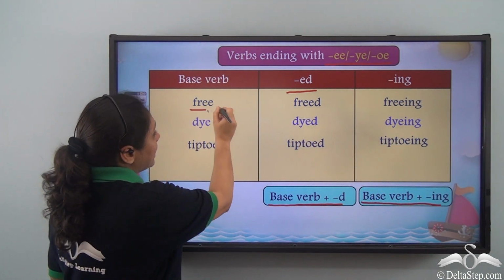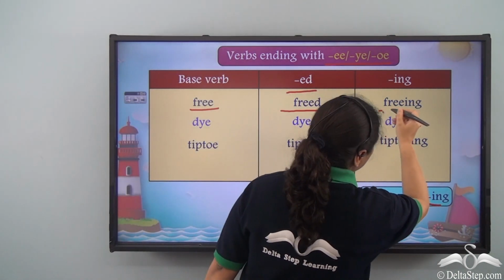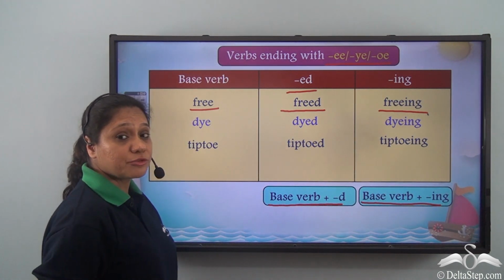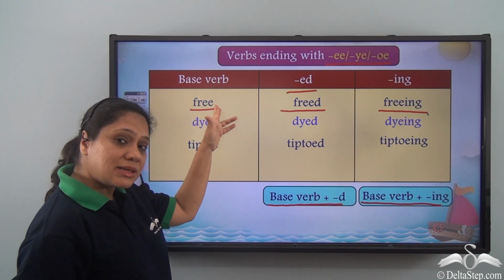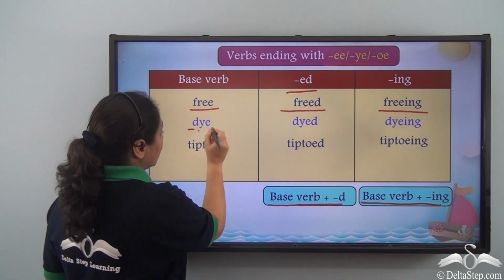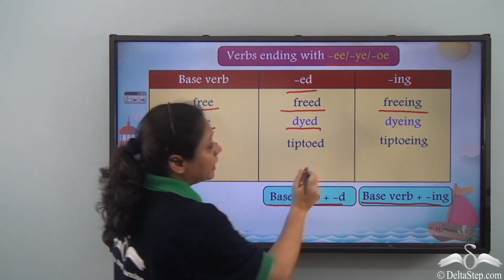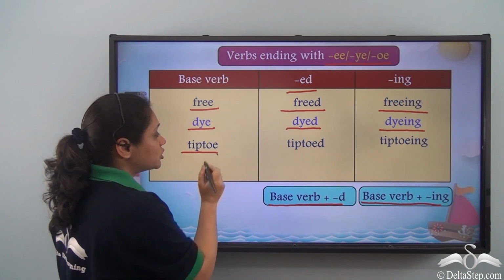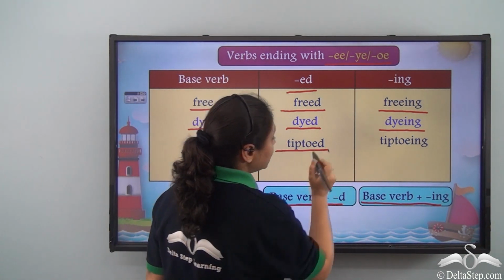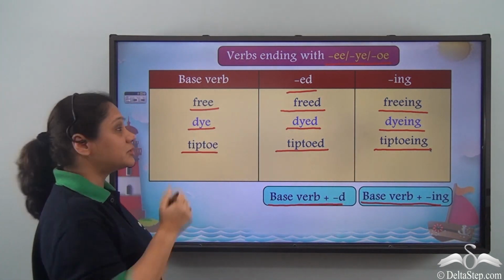So free becomes freed in the ed form and freeing in the ing form. You will note that we are not dropping the final e in these cases. Die becomes died in the ed form and dying in the ing form. Tiptoe becomes tiptoed in the ed form and tiptoeing in the ing form.